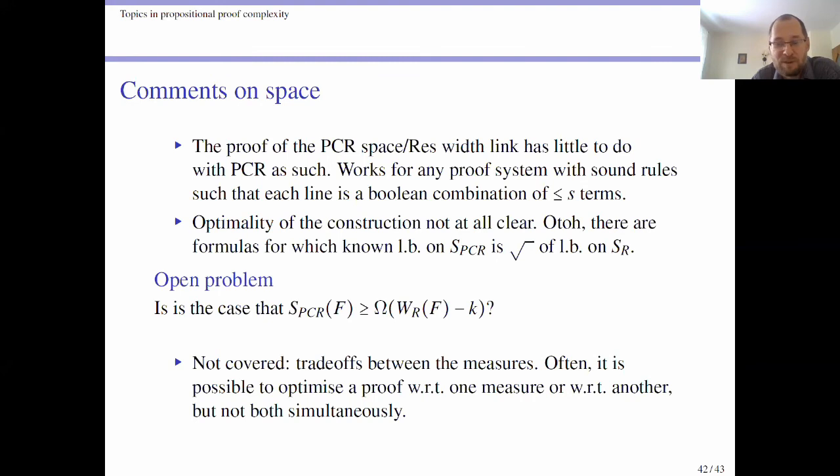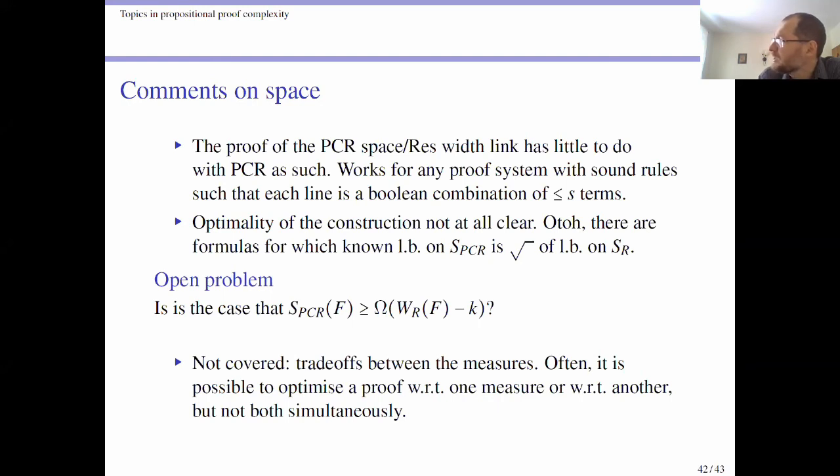So for instance, there might be a formula that has small width refutations, small space, but you can't have both at the same time. I mean, there are some cases due to Razborov recently. Perhaps it's about the size, where he proved that if you want to optimize one of the parameters, I guess it would be space, perhaps. I'm not quite sure. I'd have to recheck that.